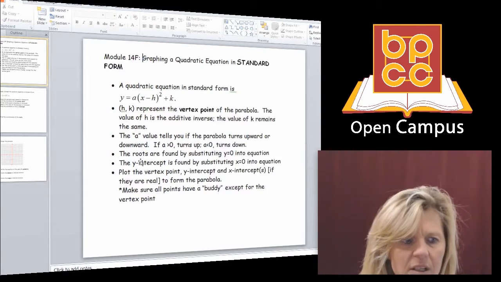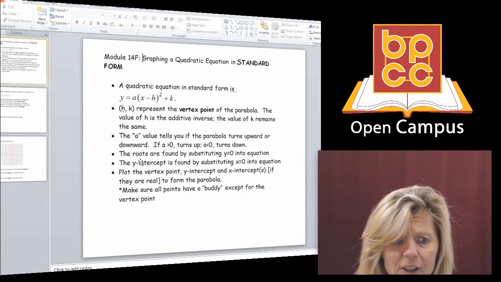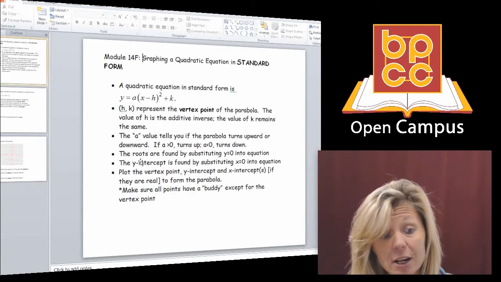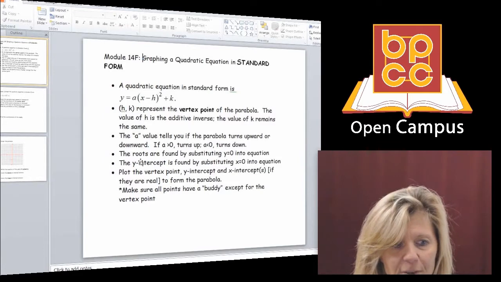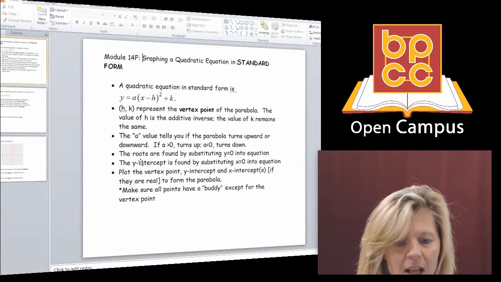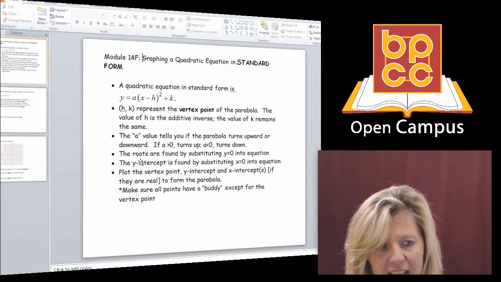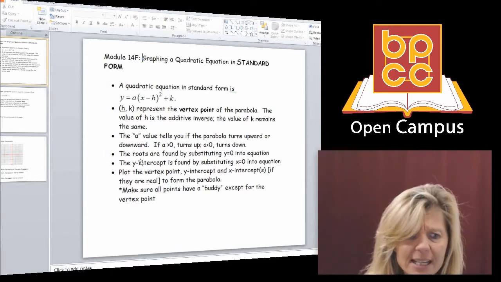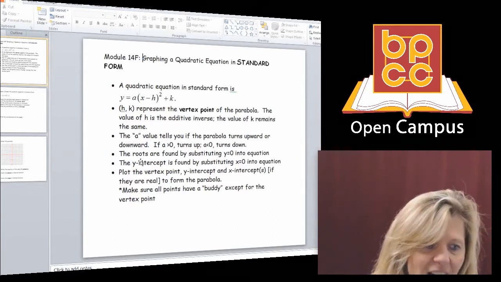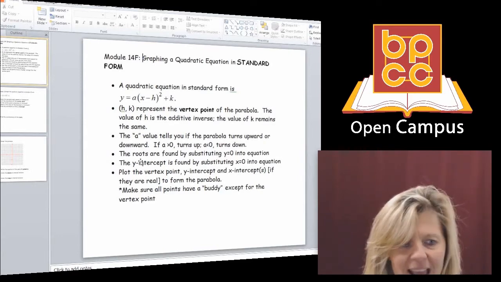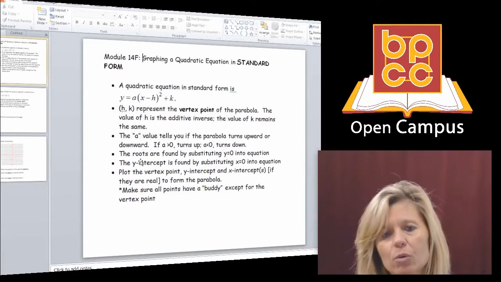There's a plus. Does a plus change a value? No, it doesn't. So the big difference here is when you give me the vertex point for a parabola, the h value you'll make the opposite, the k value will stay the same. That's very easy to remember. The h value is in parentheses, so it's going to become opposite. The k value is not in parentheses. It will stay the same.